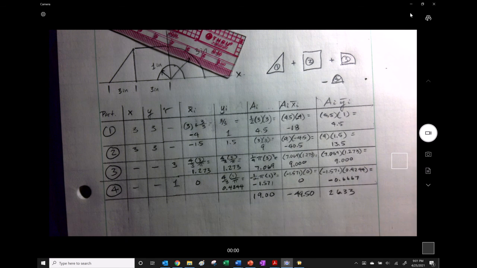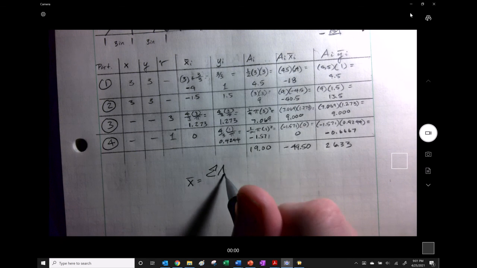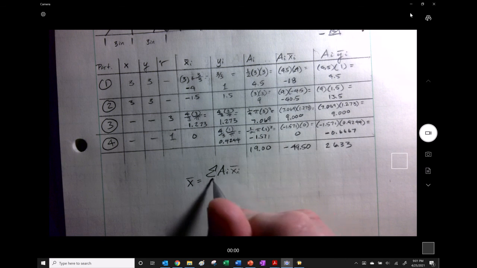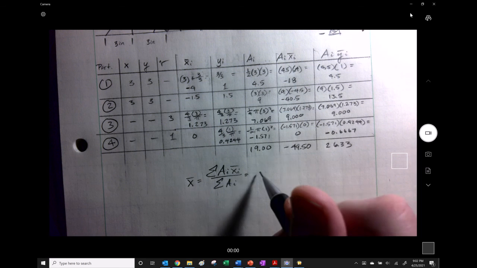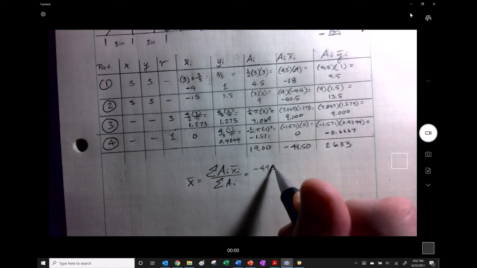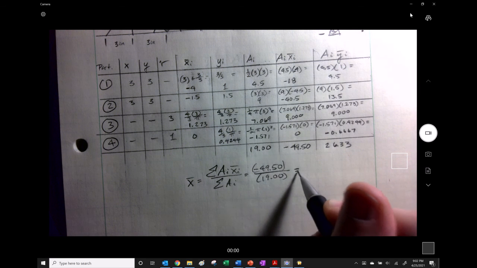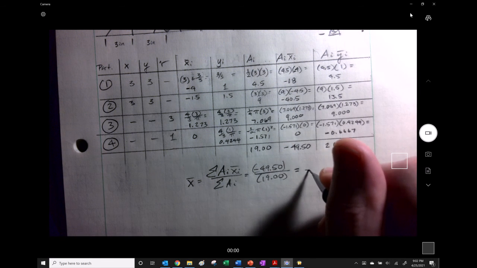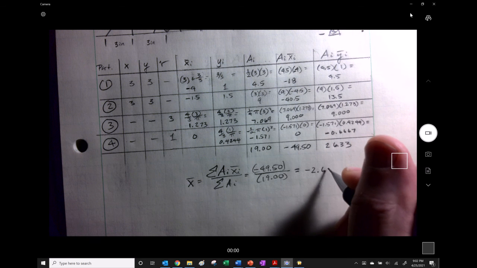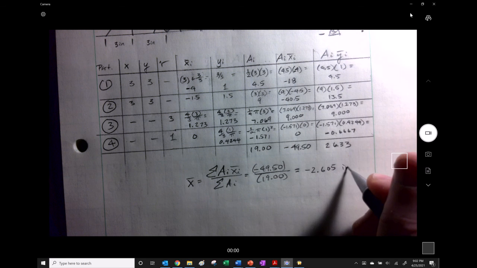And we have 26.33. So we want the x bar, summation of all the Ai x bar i, over summation of all the Ai's. So we get negative 49.50 divided by 19. And that is a negative 2.605 inches.